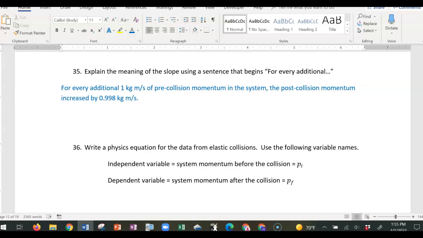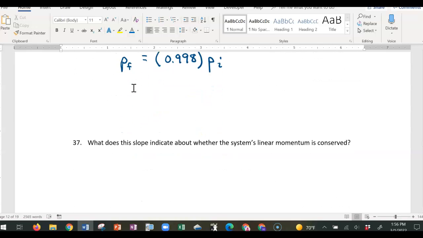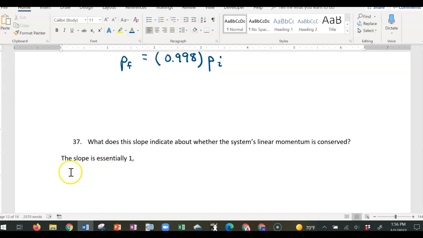And if we wanted to write a physics equation, our dependent variable is the momentum after the collision, the final momentum, and that equals our slope, which has no units, times the initial momentum. If you look at that slope, it's essentially 1. 0.998, very close to 1.